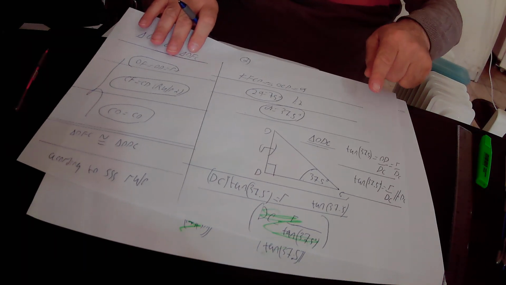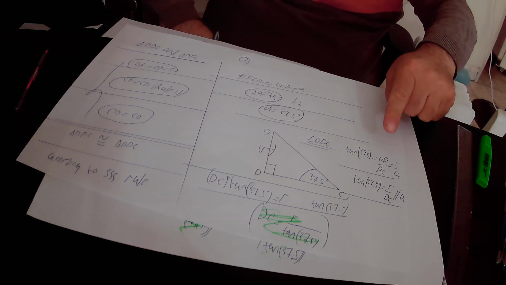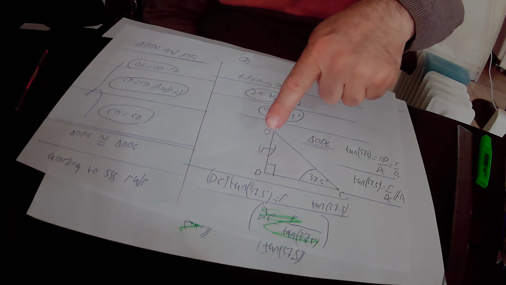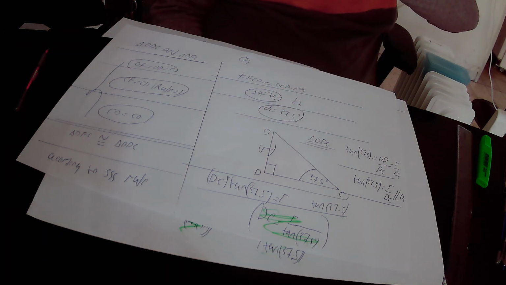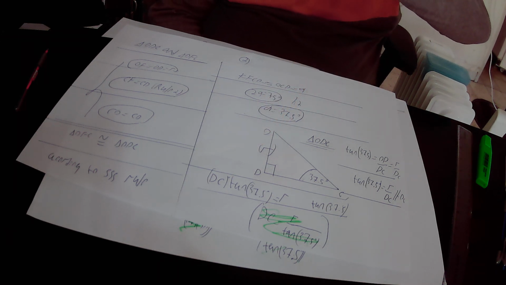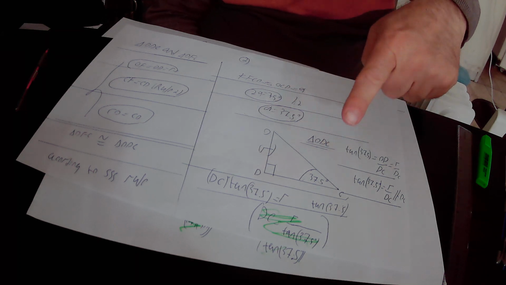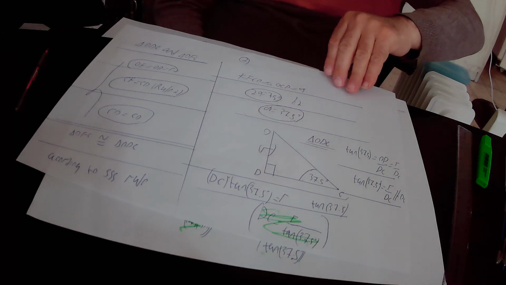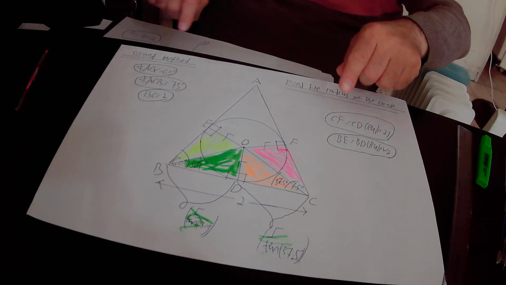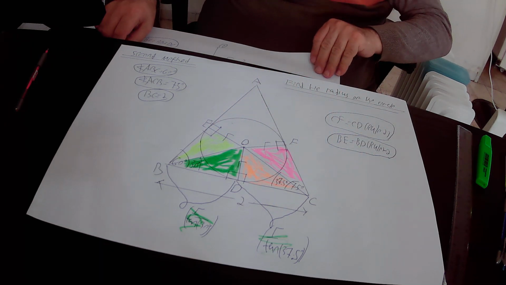Again, tan 37.5 degrees equals R over DC. Here we multiply this equation by DC and find that DC times tan 37.5 degrees equals R. Then we divide this equation by tan 37.5 degrees and find that DC equals R over tan 37.5 degrees. So this line segment DC equals R over tan 37.5 degrees.